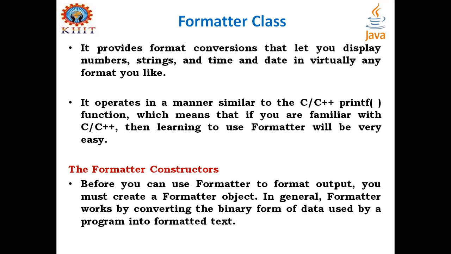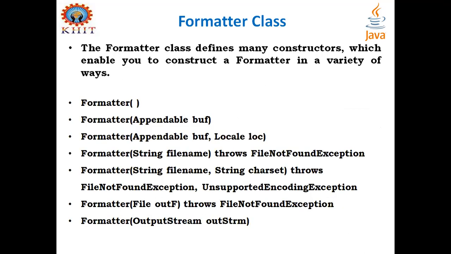So it is an already known process, formatting input and output, which we learned in object-oriented languages like C++. The same is adopted here into a built-in package and built-in class like the Formatter class in the util package. So these are the different constructors for making use of this Formatter class object.